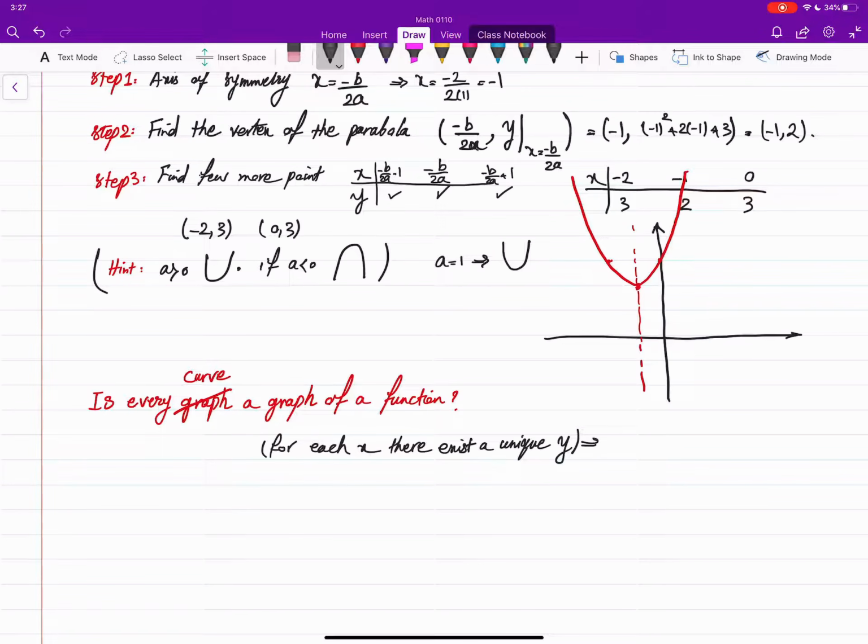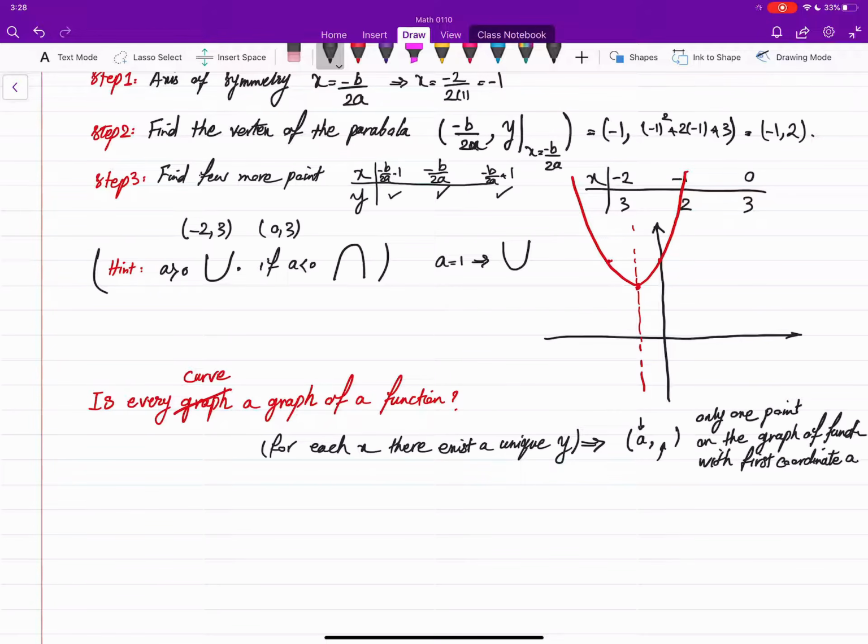It means, in terms of the graph, that for any number a you put here, there will be only one point on the graph of the function with first coordinate a, for all a's.